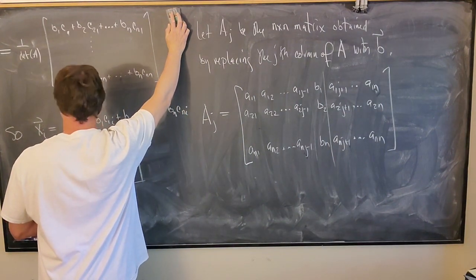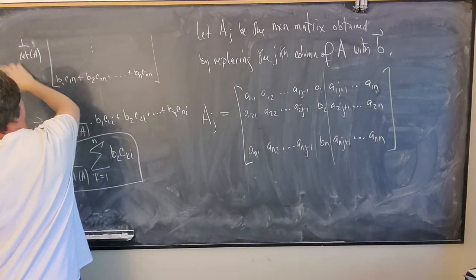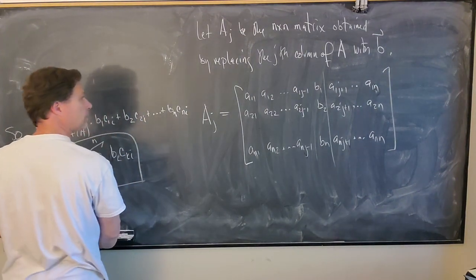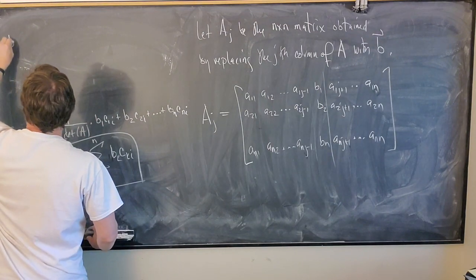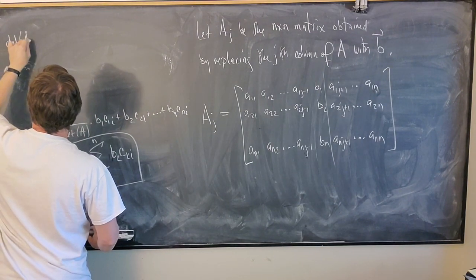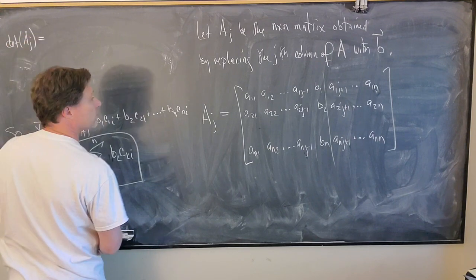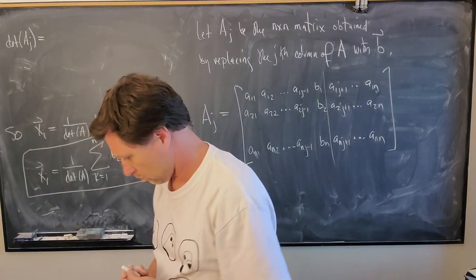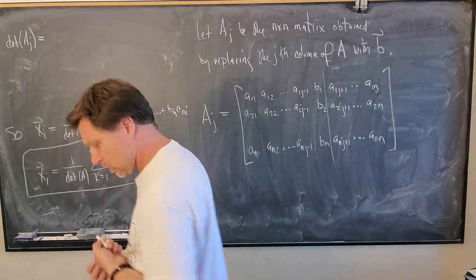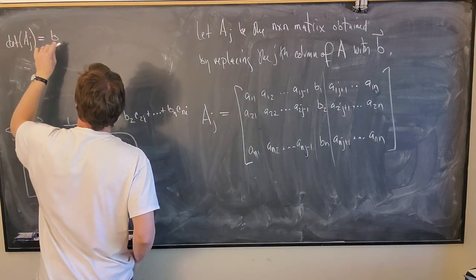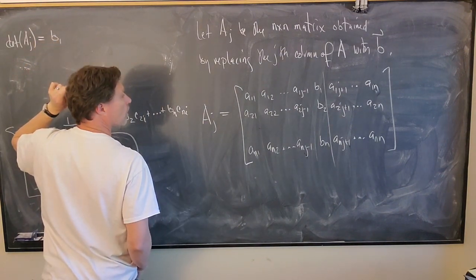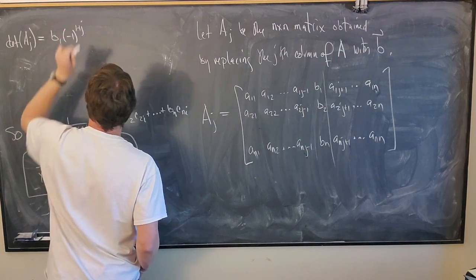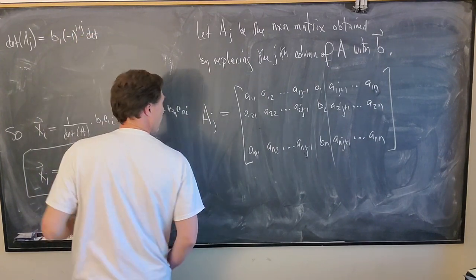So the determinant of A sub j is going to be b1 times minus 1 raised to the 1 plus j times the determinant of, okay, so what are we going to do?